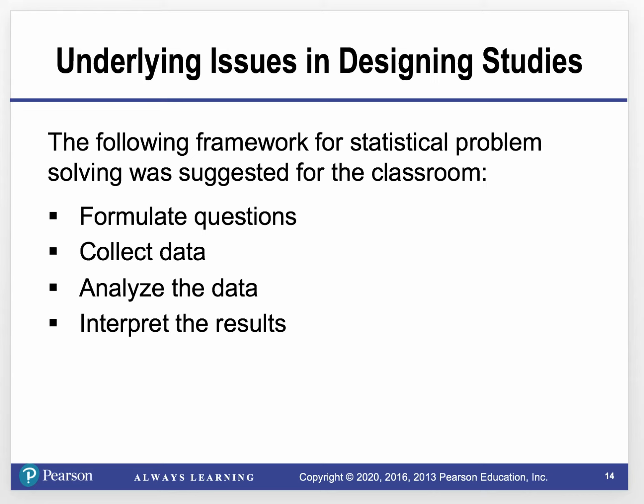Also remember that when you're formulating your questions, okay? Avoid bias in how the questions are asked, okay? Analyzing the data. Well, later we're going to talk about analyzing the data and how we're going to display it and stuff, and the same thing for interpreting the results.